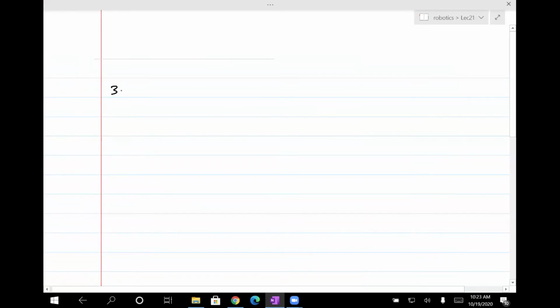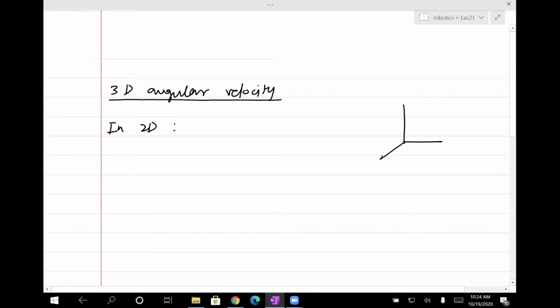So, 3D angular velocity. Okay, so in 2D, first of all, what's rotation in 2D?